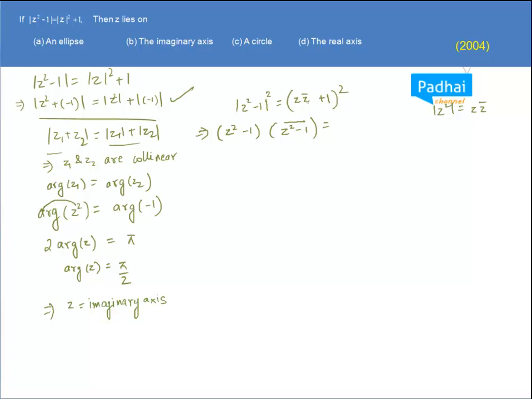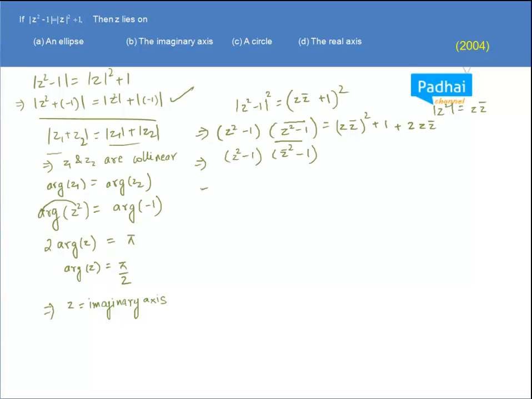So what will it be? It will be |z|⁴ + 1 + 2|z|². And if I take the complement inside, this term would be |z|² − 1, because it will still remain minus 1 as there is no imaginary number, so it will not be changed.